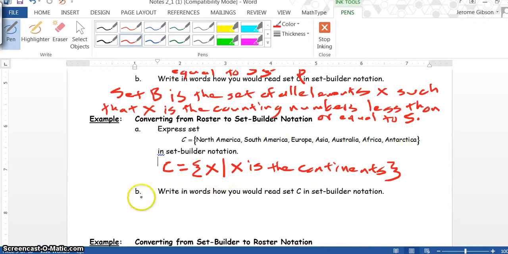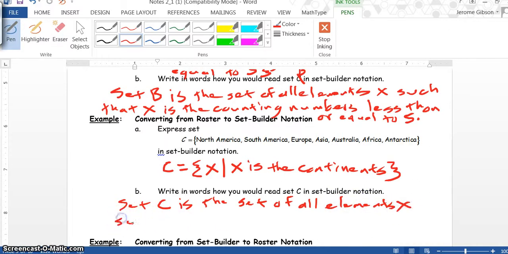So now we go to B. Write in words how you would read set C in set builder notation. Again, we will write set C is the set of X, well, of all elements X, such that X is the continents.